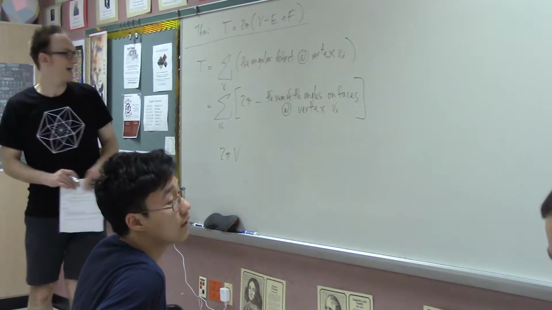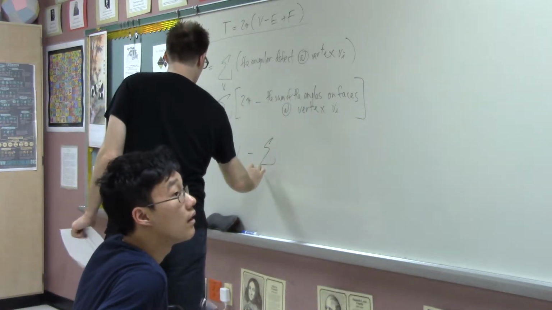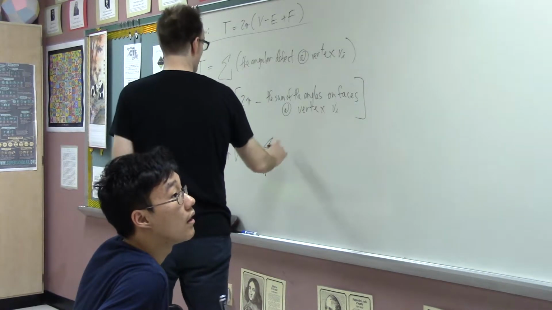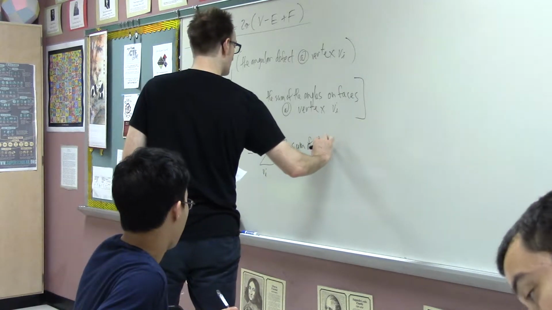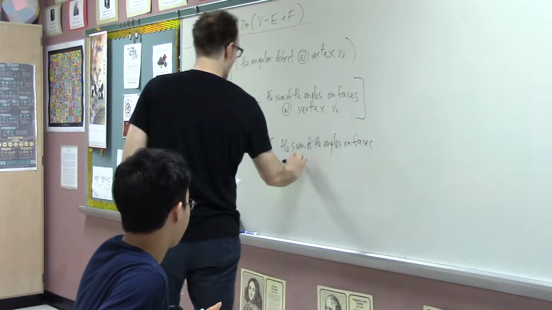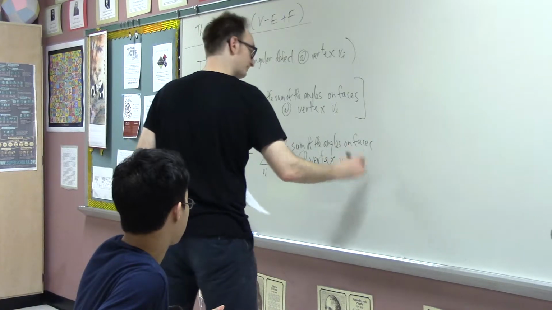Cool? And then minus, continuing to distribute the sigma. Now I'm still summing through all the vertices, the sum of the angles on faces at vertex v sub i.